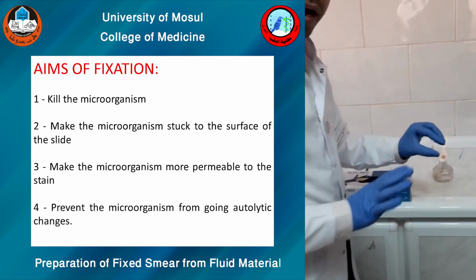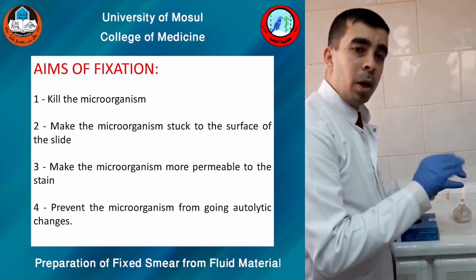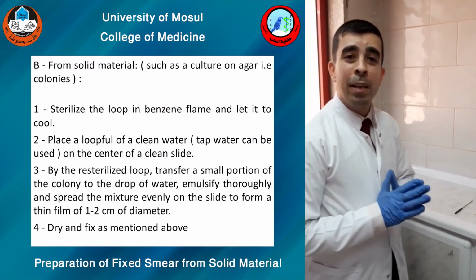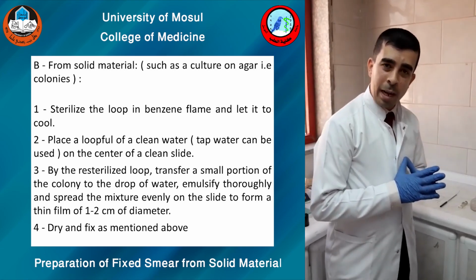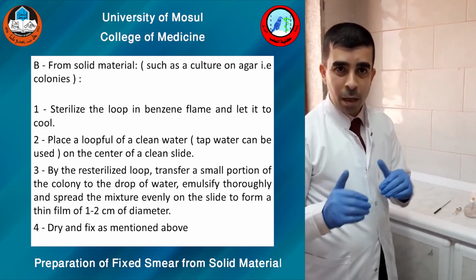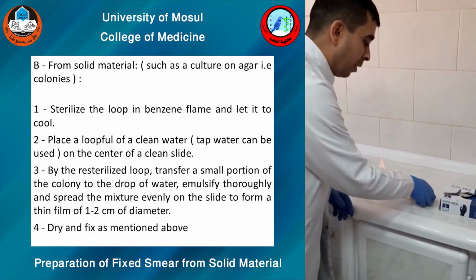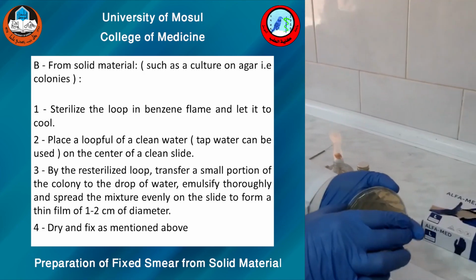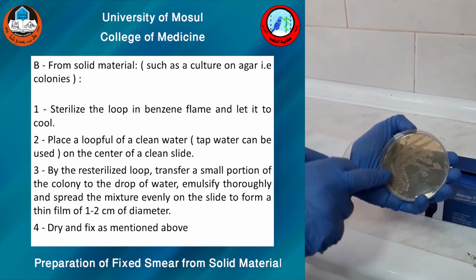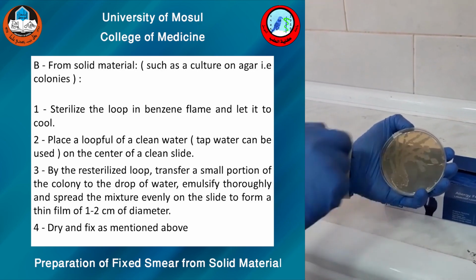This is the preparation of fixed smear from fluid material. Now we will pass to the last part of our lab, which is the preparation of fixed smear from solid material. Solid material such as colonies of bacteria on a nutrient agar. This is a nutrient agar, and these are colonies of the bacteria that grow on it.